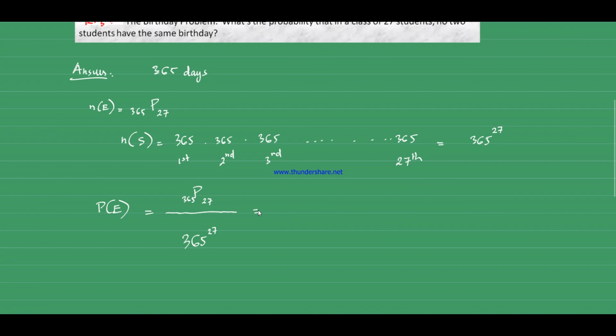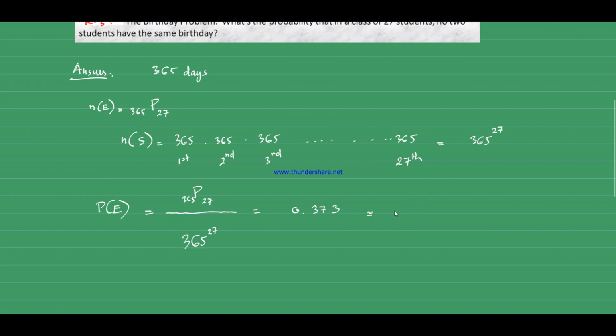Pretty big one. If you go ahead and put it into the calculator, 365, math, probability, permutation, 27, you divide it by 365 raised to the 27. You're going to end up with about 0.0373.